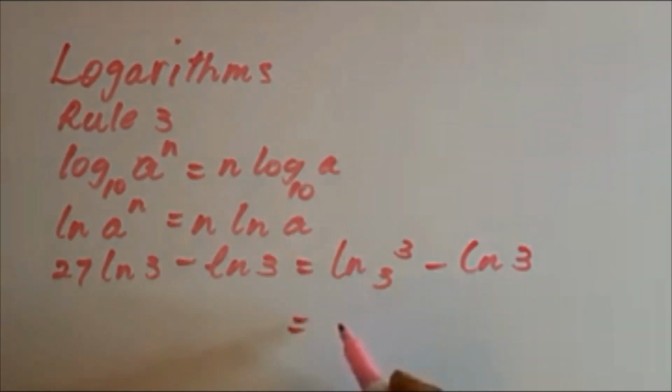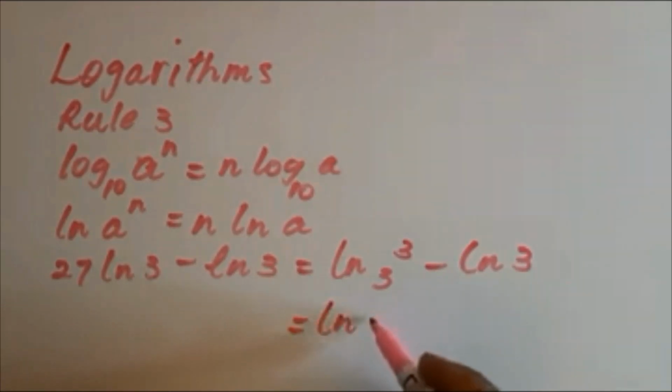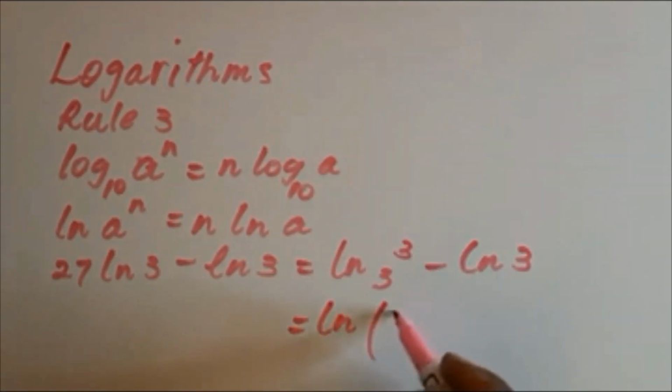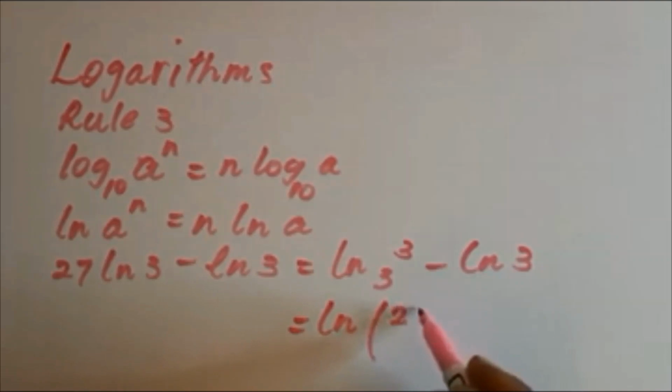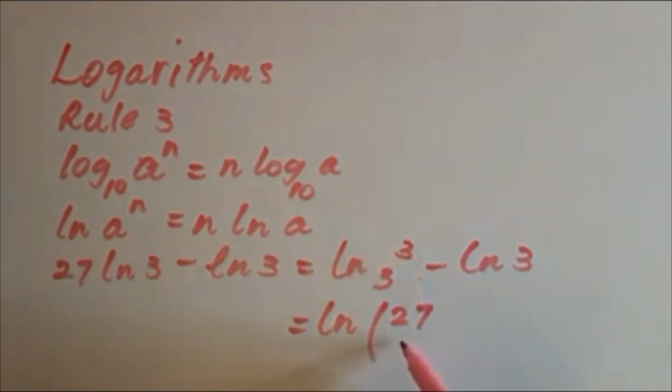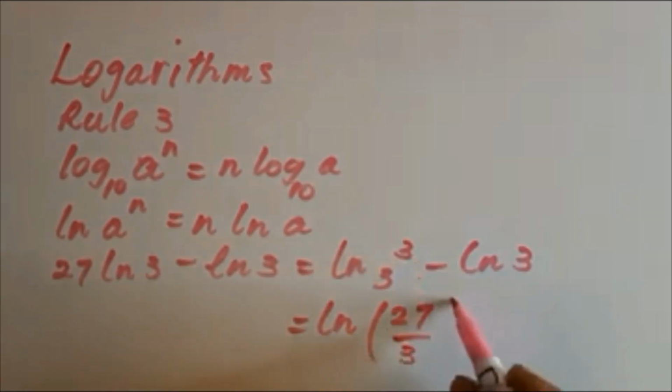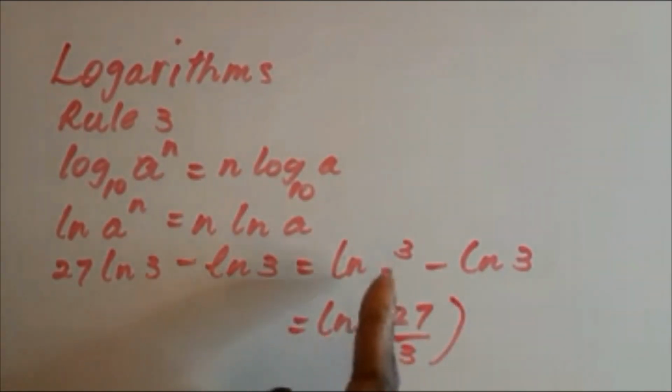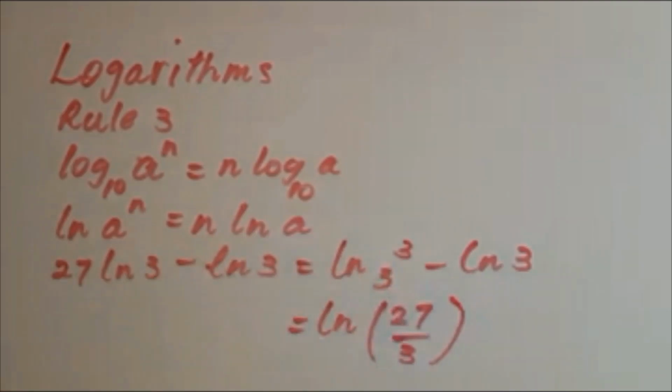Now we apply rule 2 here, so we have ln 27, because 3 raised to the power of 3 is 27, and that's divided by 3. Now ln applies to both this part and that part, and it's now a division, which gives us ln 9.